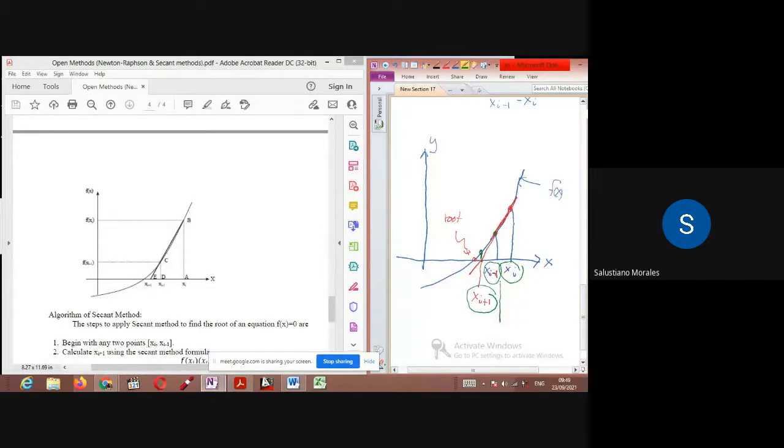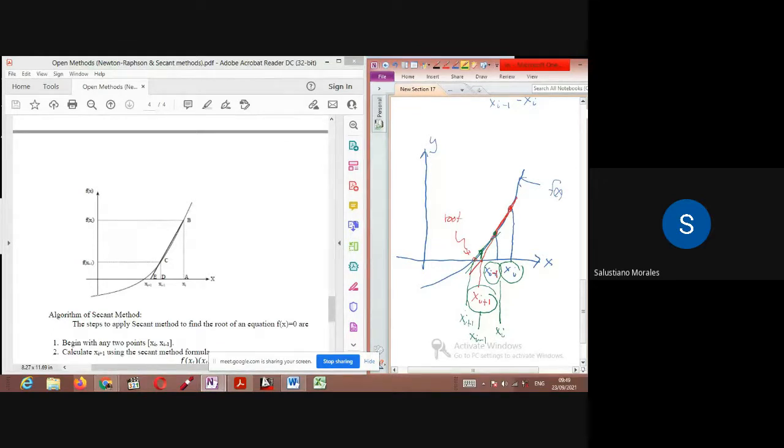Okay, so ito na yung bagong value ng xi, this is now our new xi, and this is now our new value of xi minus 1. So we will connect again these two points here, so that we have again a new estimate for the root xi plus 1.